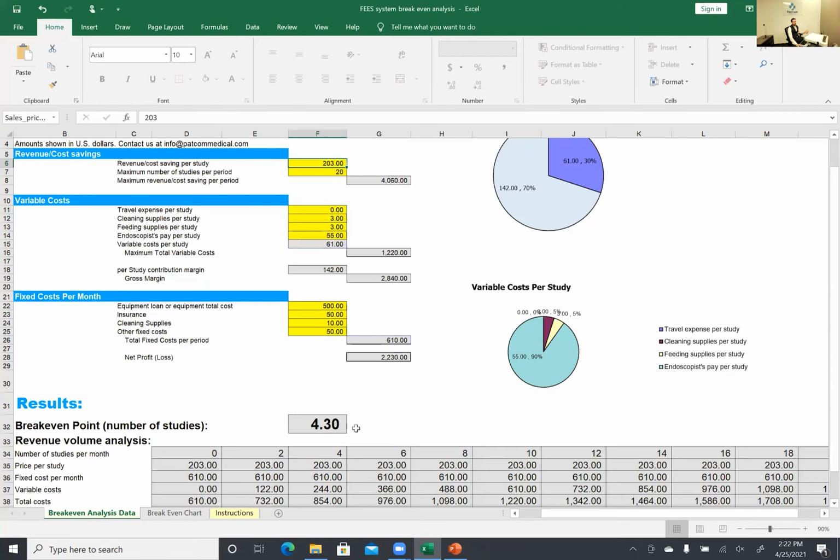Next month, I'm starting at 0 again. I again have to do 5. But 5 studies a month, when you think your demand is 20, is not that difficult to reach, right? So it depends on the perspective, depends on the setting, depends on whether or not you're buying equipment or renting or leasing equipment.